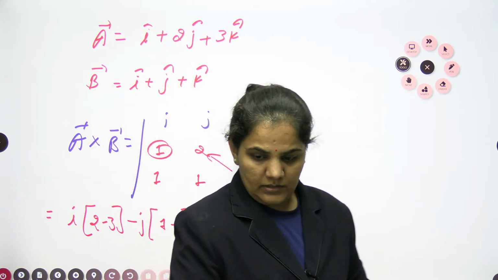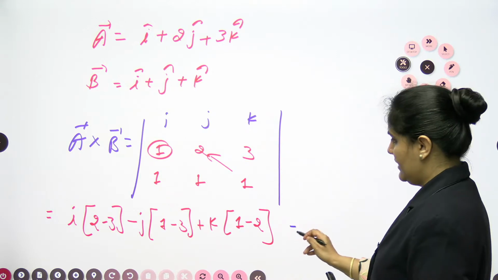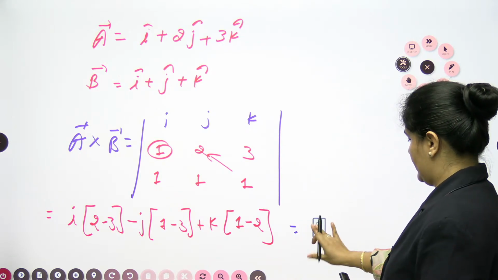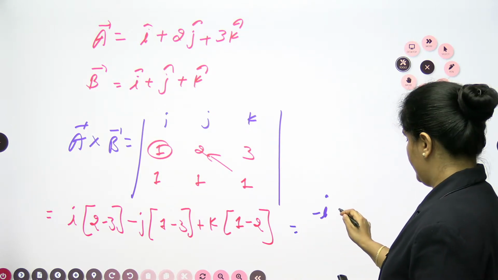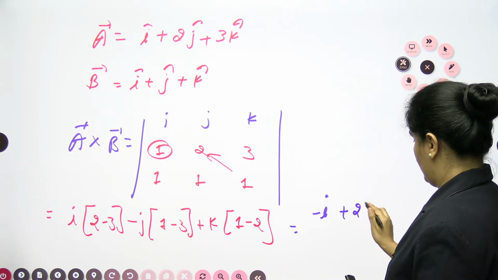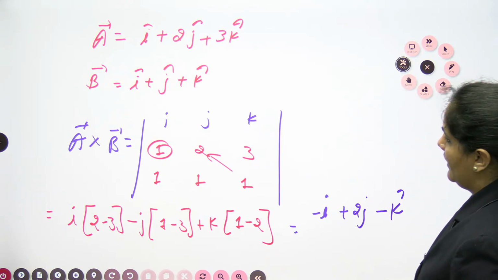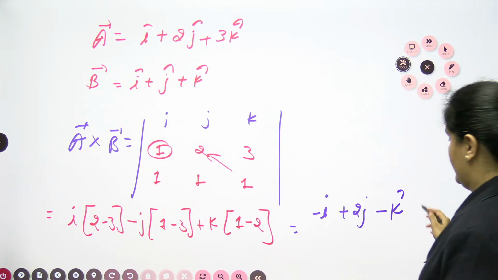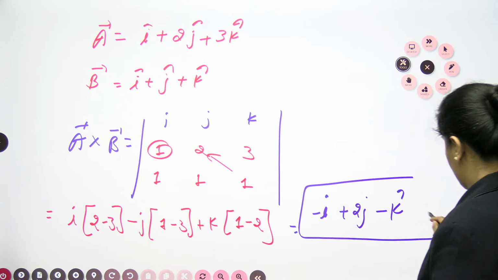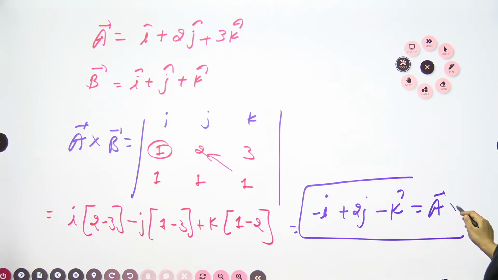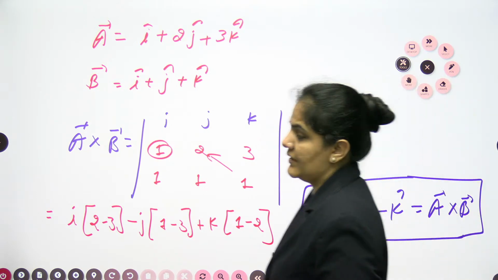So I can write my result as minus i plus 2j minus k. i is 2 minus 3, so minus i plus 2j minus k. This is A vector cross B vector.